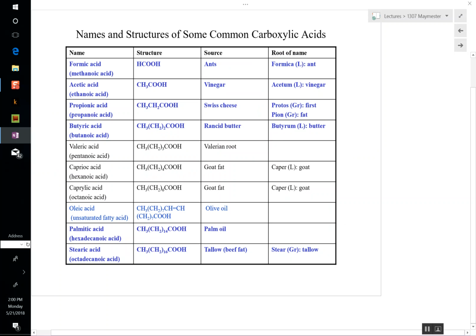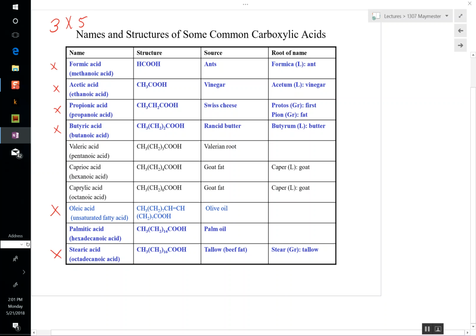All right, here's a slide. This is your 3x5 card roundup. 3x5 cards for this, this, this, and this. This and this. Let's kind of look at them.